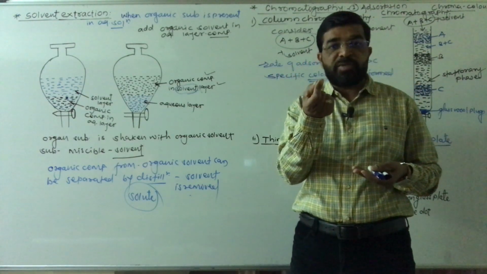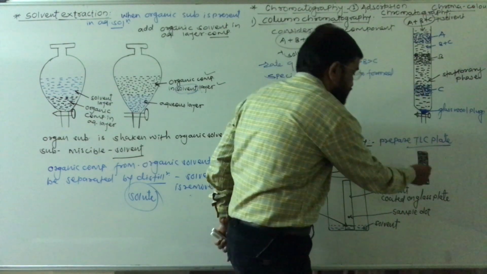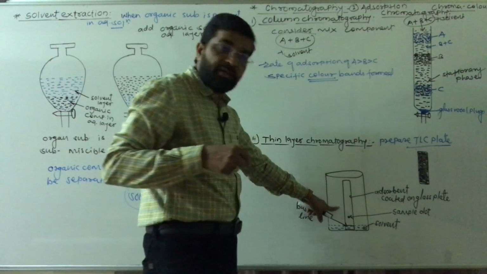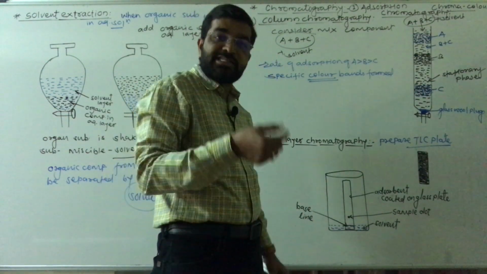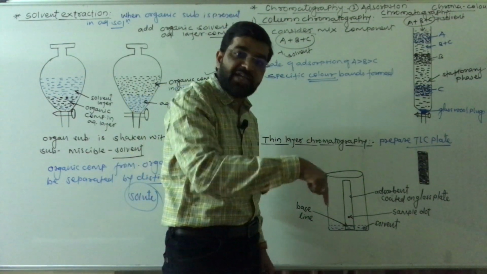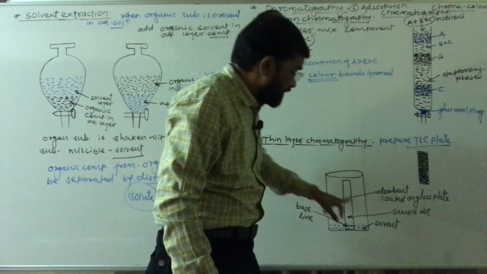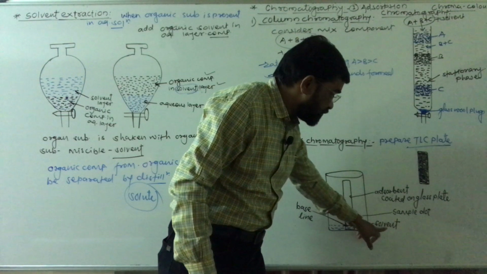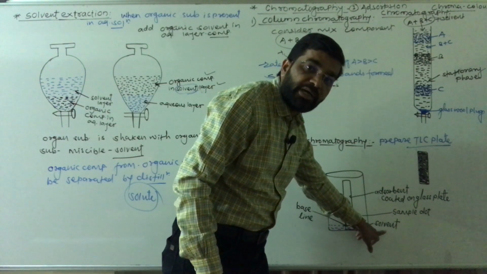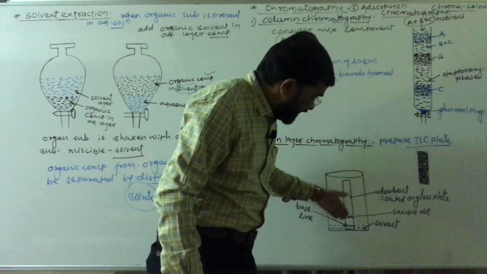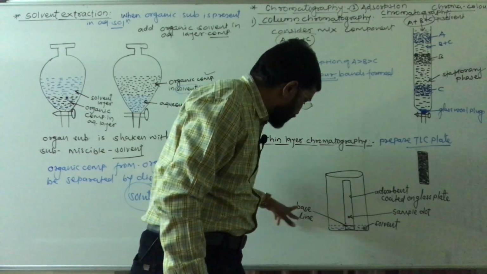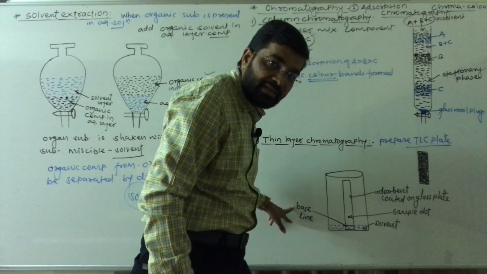One spot of the mixture of components is given as a dot on that TLC plate, and now this TLC plate is placed in a beaker containing solvent. Here, see, the level of solvent is called the baseline.